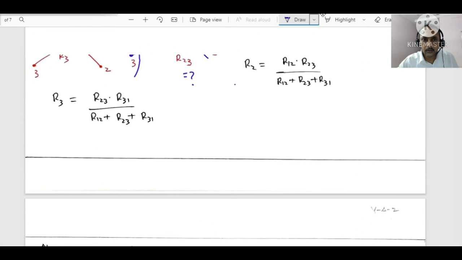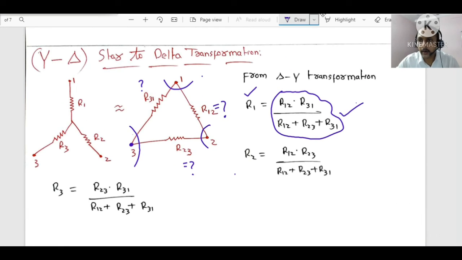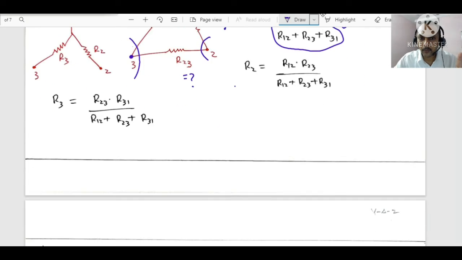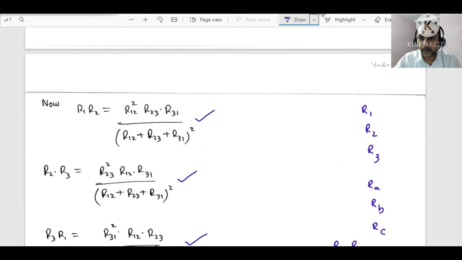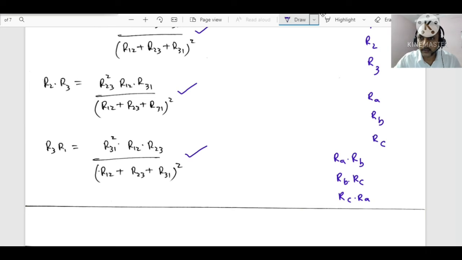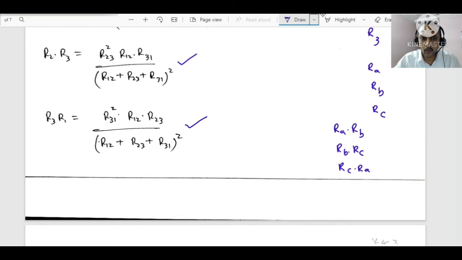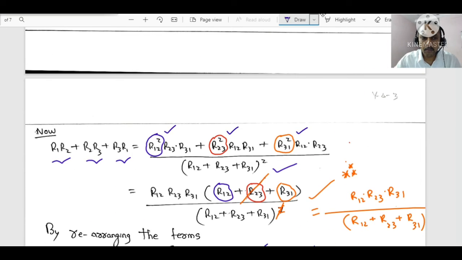First step is you write the delta to star transformation, R1, R2, R3. Clear? Next step, you simply multiply R1 R2, R2 R3, R3 R1 and keep those three aside. Second step over. Third step, you simply add those three: R1 R2 plus R2 R3 plus R3 R1.